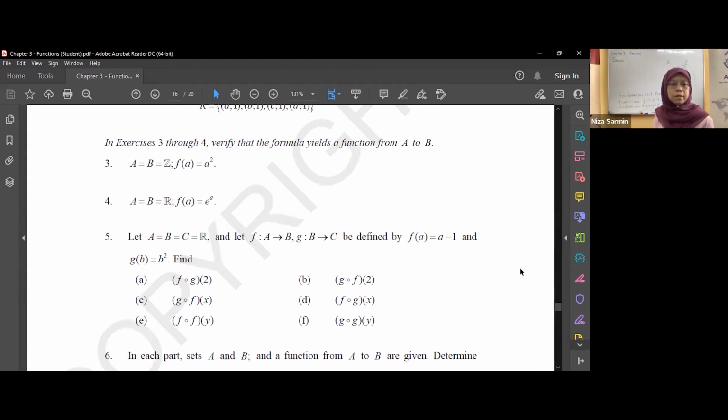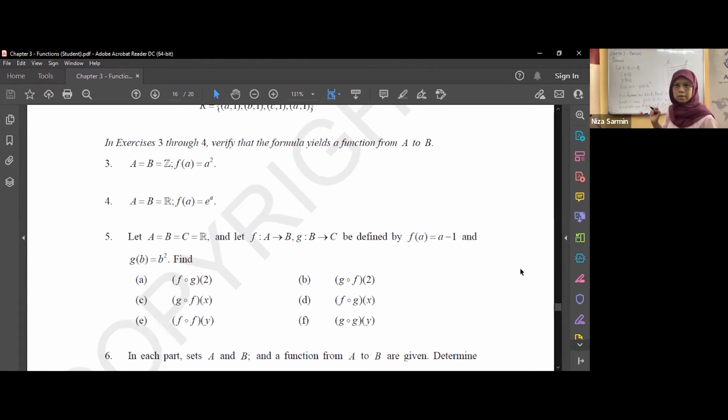So for this question, let A equal B equal C equal R. And f is from A to B, g is from B to C, and define f of a is a minus 1, g of b is b squared.